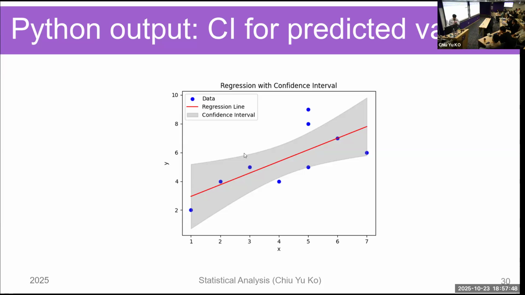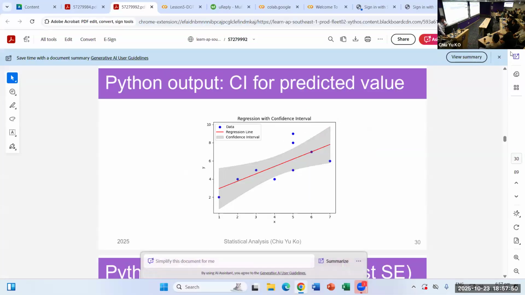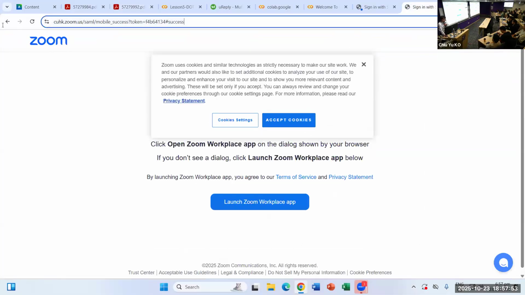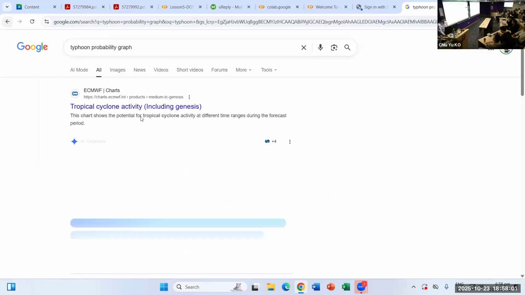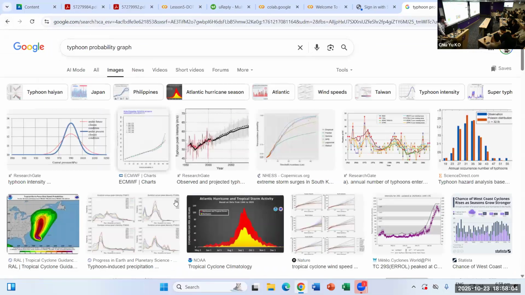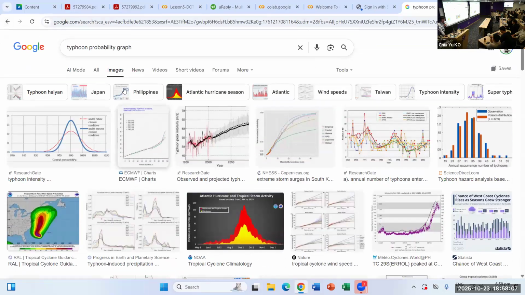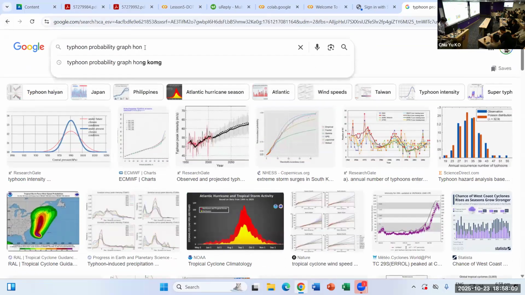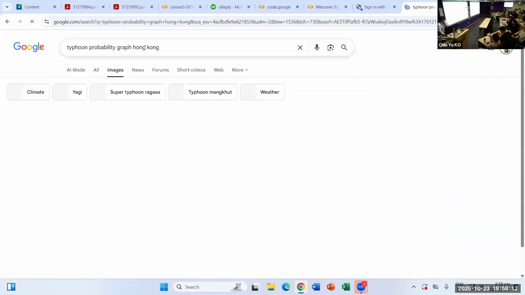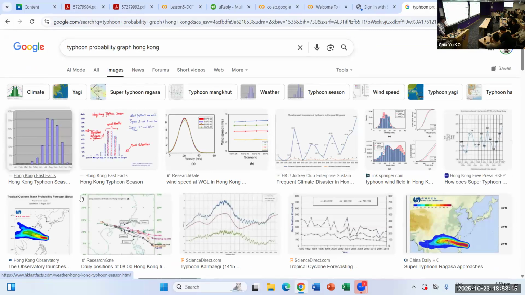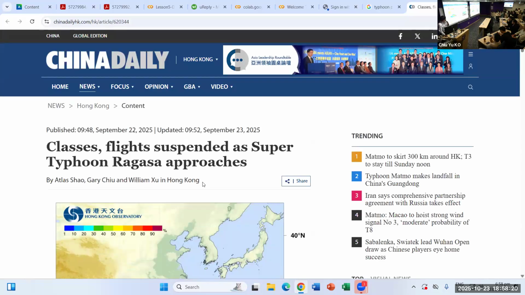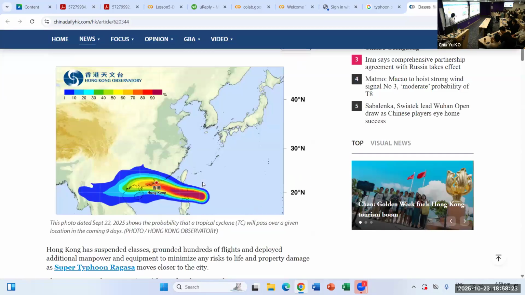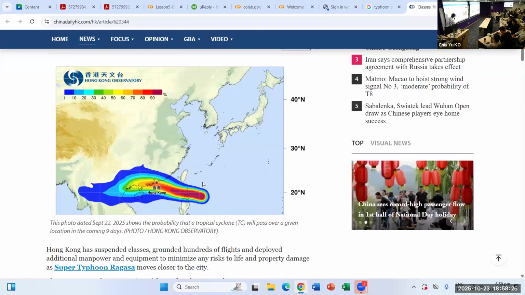I'll show you again because some of you asked me before the class why we have a point estimate and an interval estimate. Let me look at the typhoon forecast as we did last time, maybe using Hong Kong is better. The Hong Kong Observatory has this kind of diagram that gives you the probability; the more red, the more highly likely.